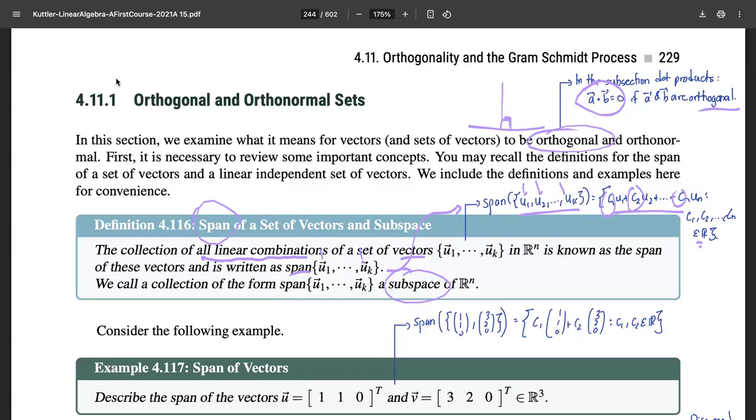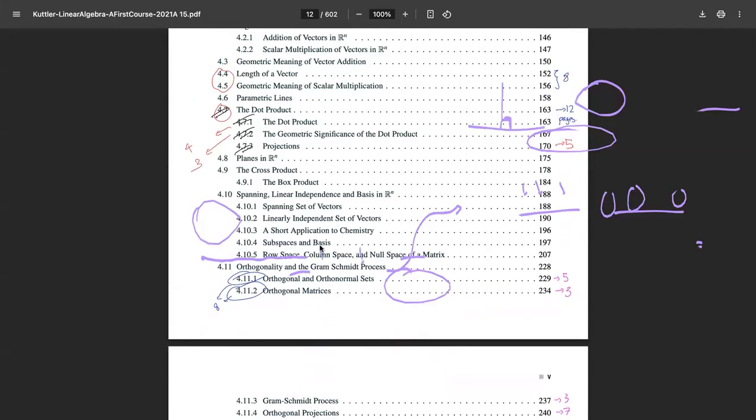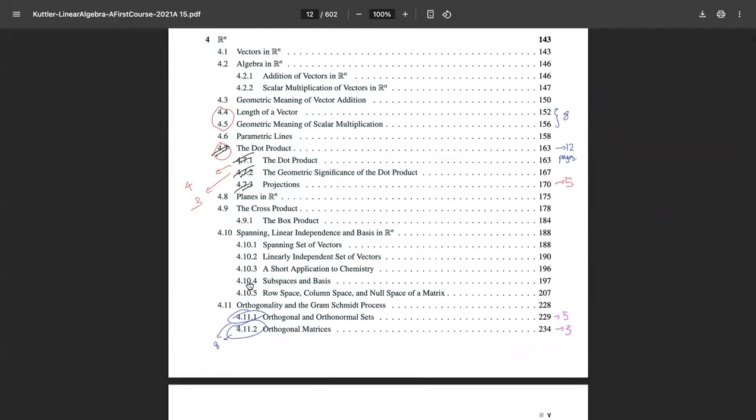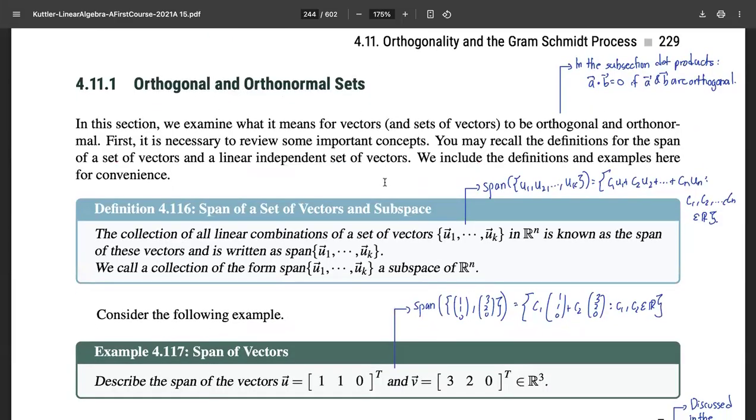There are three conditions, and we also learned the subspace test, which allows us to determine whether any given subset is a subspace. If any of that sounds like Greek to you, we did that under subspaces and bases, so you can go check out that subsection or the video related to it.